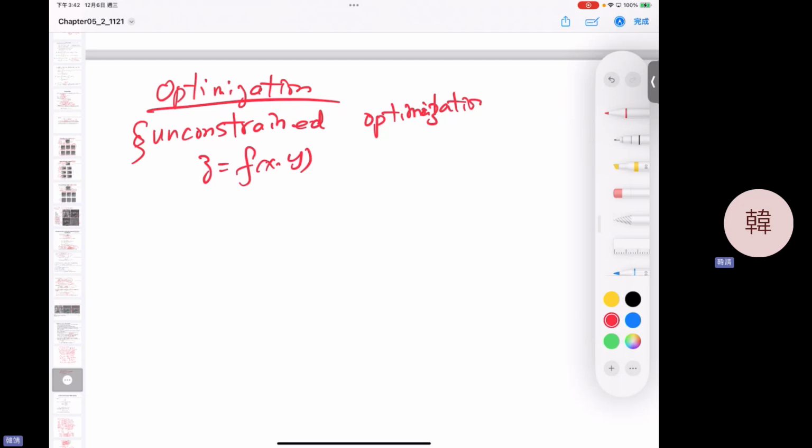So how can you do it? Maybe I give an example. Z equals f of x, y equal to this. Let's take this function f of x, y as the example.